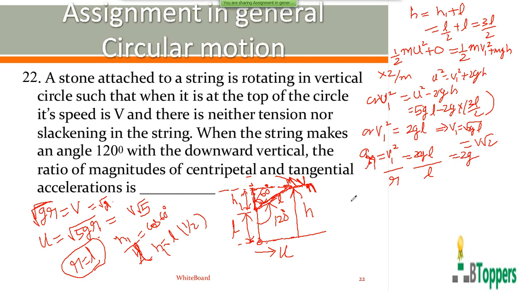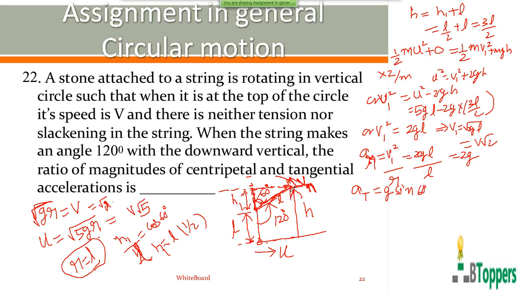The magnitude of the tangential acceleration you can write as g sine theta. You can take theta as 60 degrees or 120 degrees because sine 120 degrees is the same as sine 60 degrees.